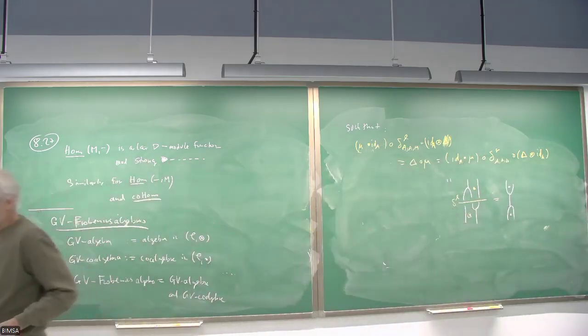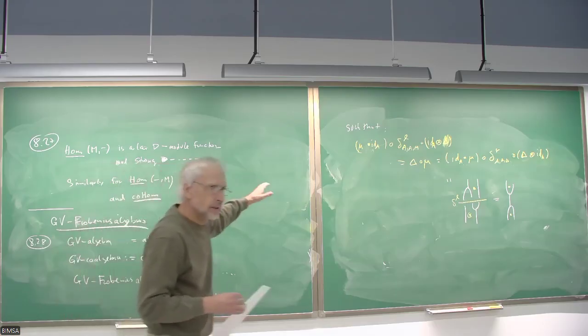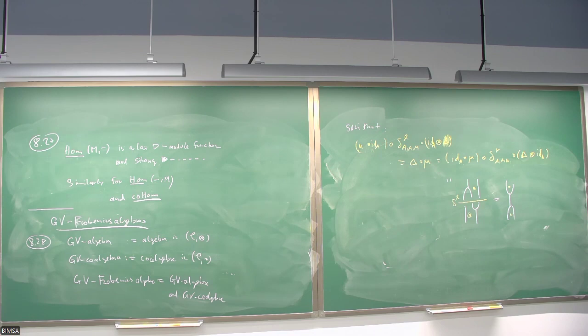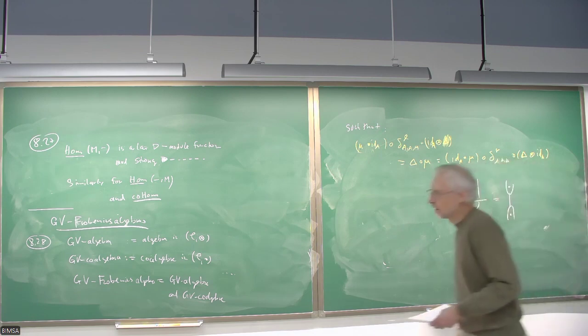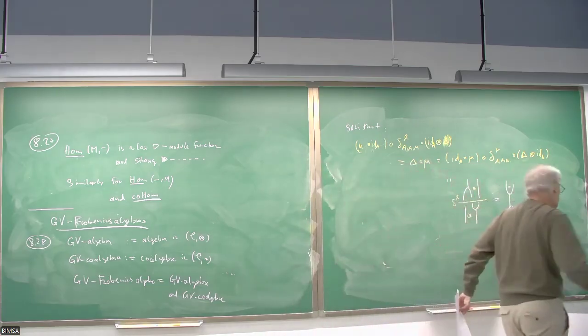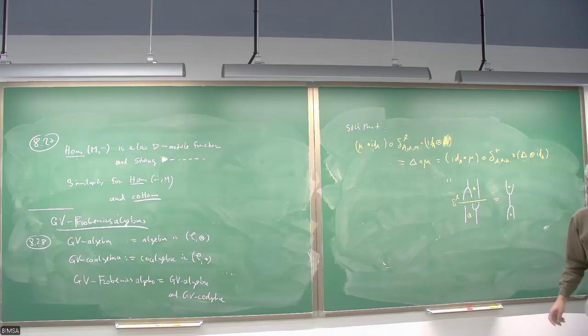But this is actually not really correct, because it turns out that for Grothendieck-Verdier categories, unlike for monoidal categories, there is no complete coherence theorem. And the coherence theorem is a necessary ingredient for using string diagrams.